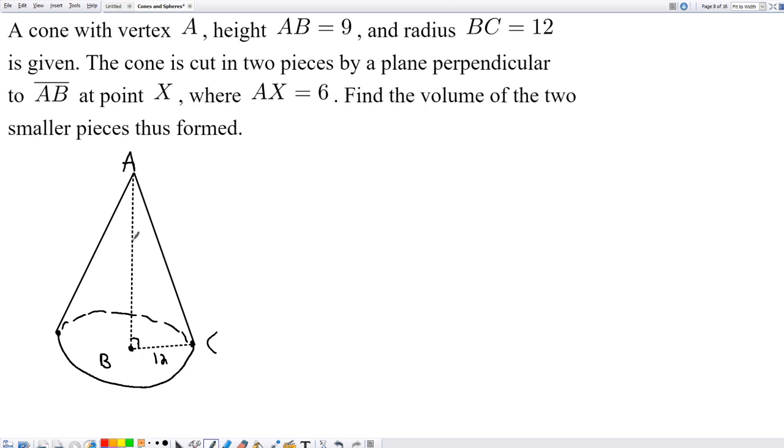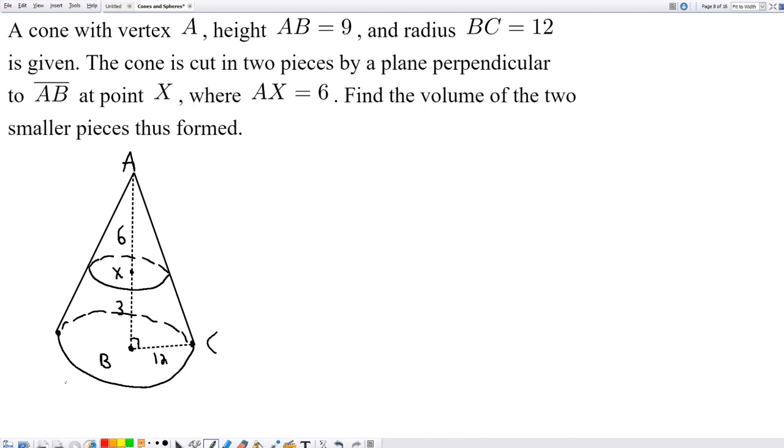If you imagine a cone sliced like that, you would be left with another circular cut somewhere over here, where this point would be X, and AX is 6, which means that BX must be 3 because the whole height is 9.